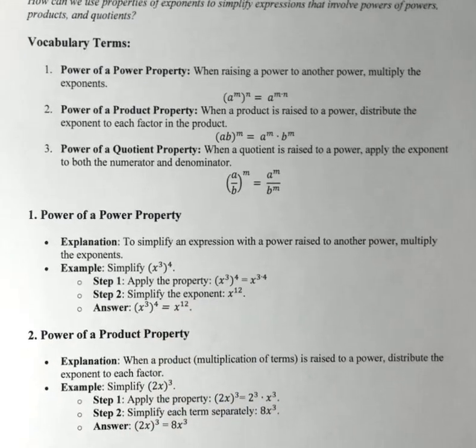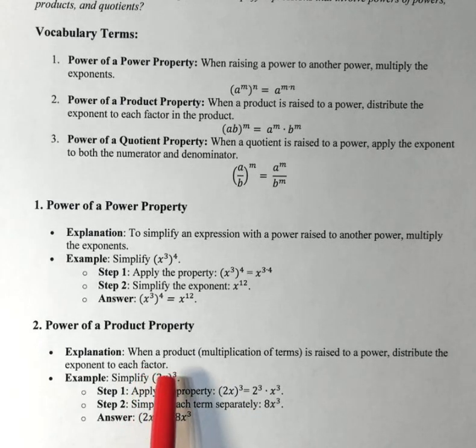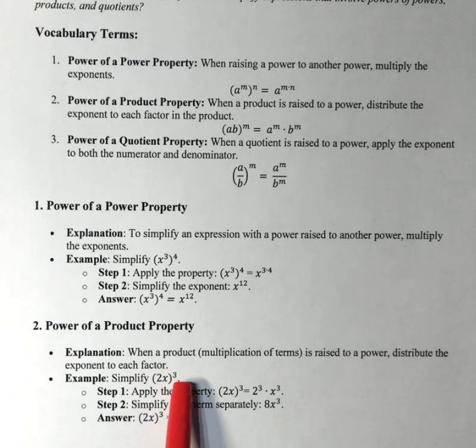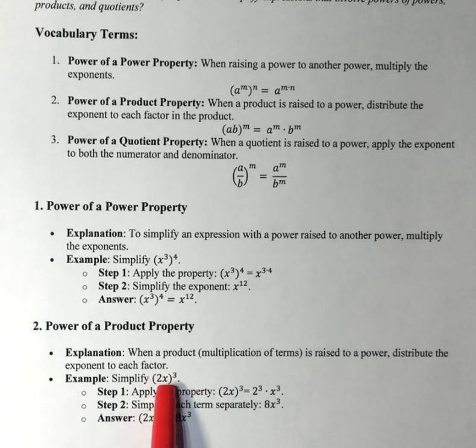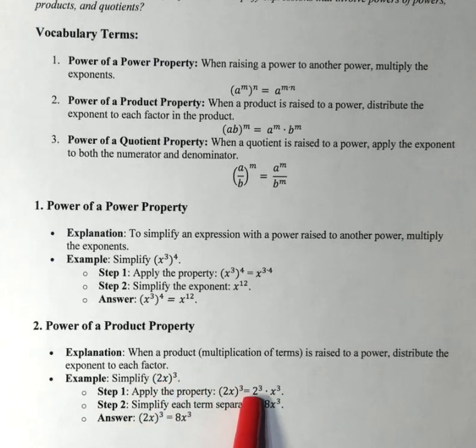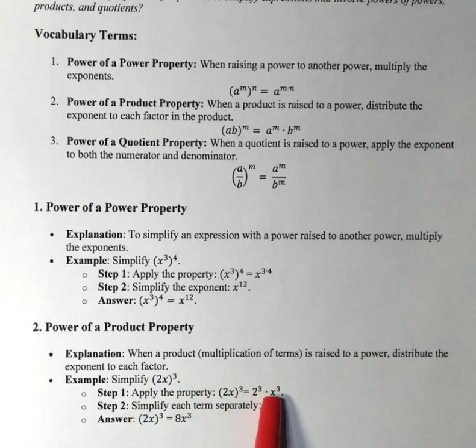So the next one is the power of the product property. So when we have a product, we're multiplying terms. So in this case, we have 2 times x, and it is being raised to a power. What we're going to do is distribute the exponent to each of the factors. So we're going to say 2 to the power of 3, which we have here. And we're also going to say times x to the power of 3, which we have there.